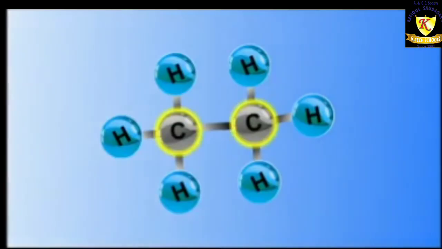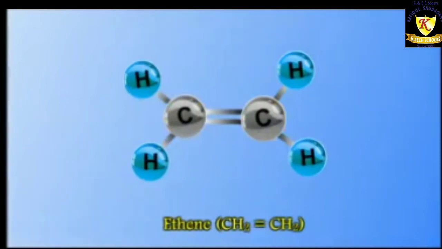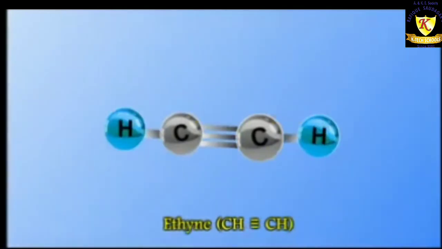For example, there are 3 compounds, namely ethane, CH3CH3, ethene, CH2 double bond CH2 and ethyne, CH triple bond CH, which contain 2 carbon atoms.